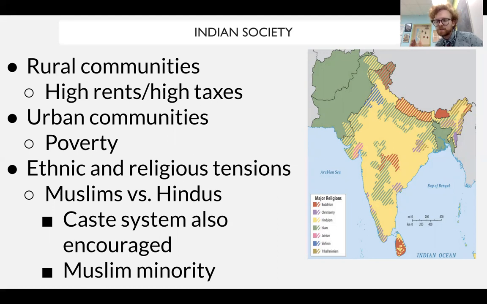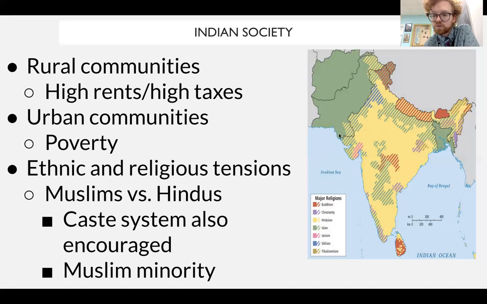And we see here on this map, this is the Indian subcontinent. And other than Afghanistan up here, much of this was a part of the British Raj, of the British dominance in India. This area over here is largely going to be populated by Muslims, the green areas. And this is the modern day country of Pakistan. But we have these religious distinctions even today.